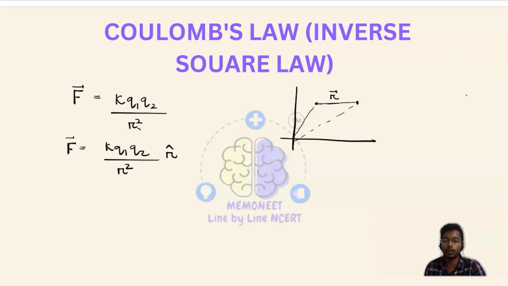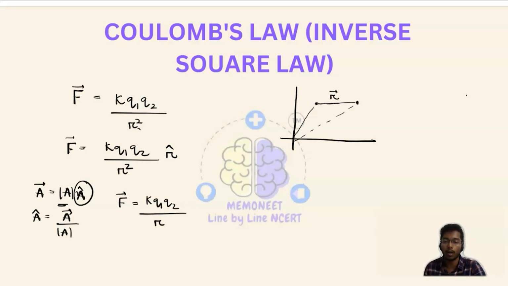For any vector A, we know that A vector equals A magnitude into A cap, where A cap is the direction and the magnitude is the magnitude. So A cap equals A vector upon A magnitude. So F vector = K Q1 Q2 upon R square into R vector upon R magnitude.